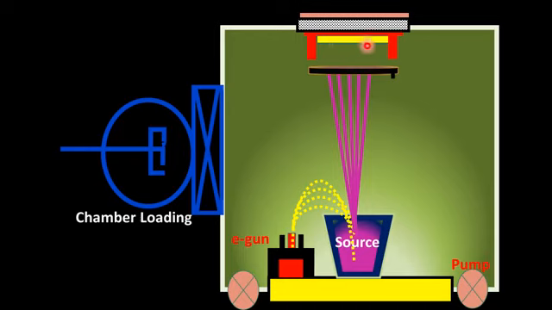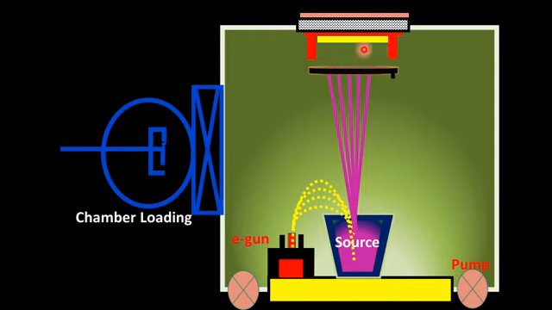Another aspect to note, dear student, is that in some MBE systems the substrate is also rotated. There is a rotational system in some MBE systems, and due to the rotation of the substrate, the film is uniformly deposited over the whole substrate.